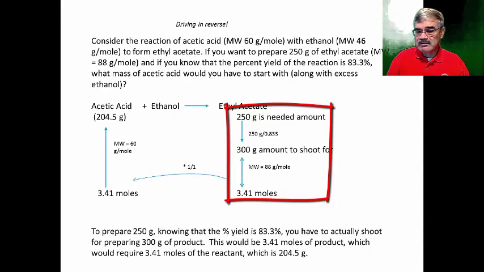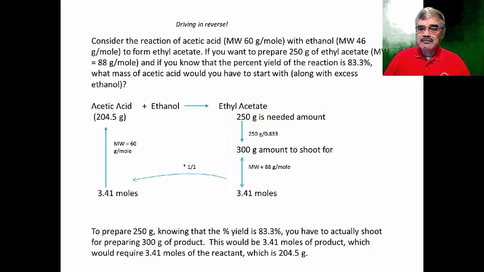Just try it. 250 divided by 0.833. So in this problem, we have to try to make 300 grams, and we will actually then make 250, which is what we need. So once we have that additional step, and that's a reality step because this happens a lot, we know that our reactions aren't 100% successful.